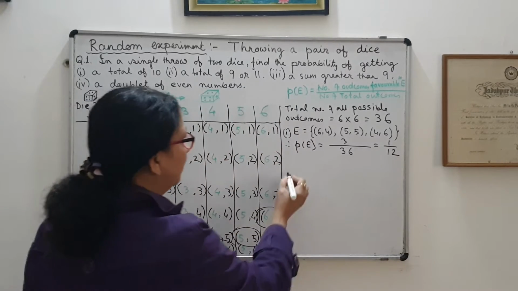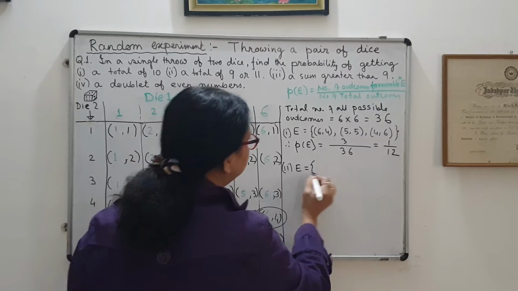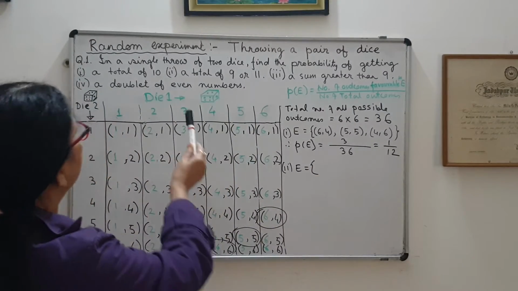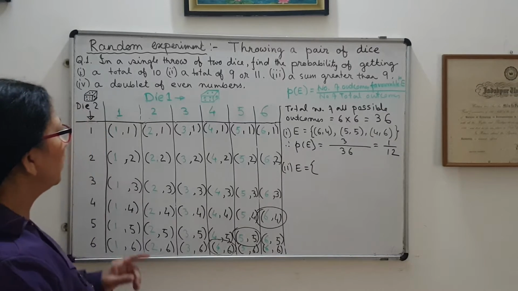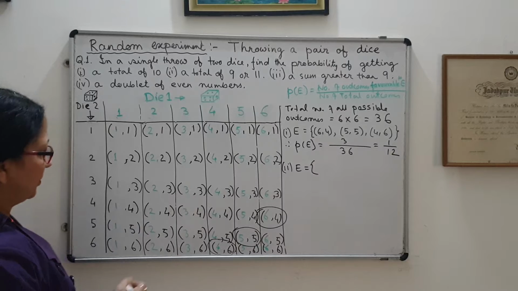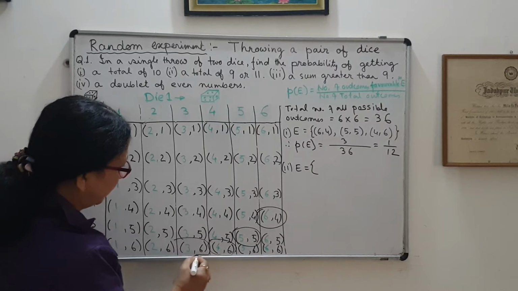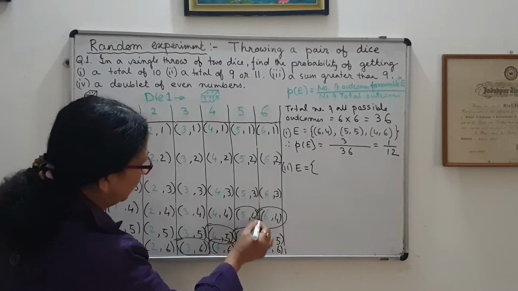In this way. Now for the second part, what is our E? E is a total of 9 or 11. So you see, in the third column I will be getting this: 3 plus 6 is 9, 4 plus 5 is 9, 5 plus 4 and 6 plus 3.